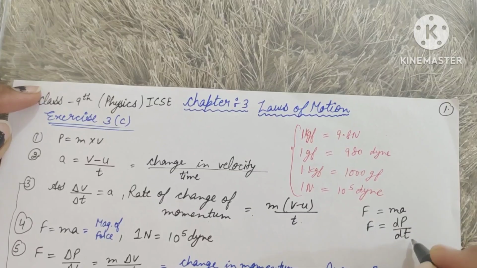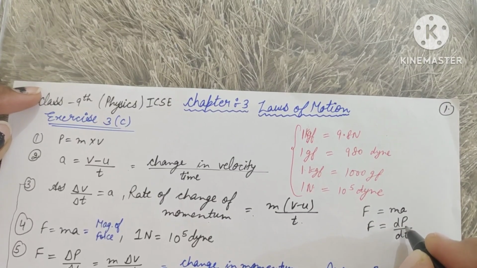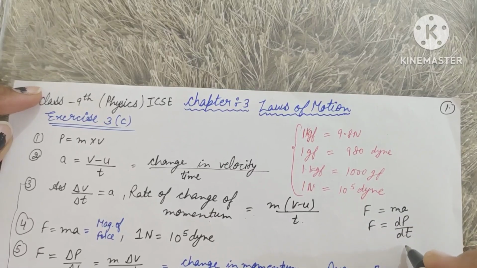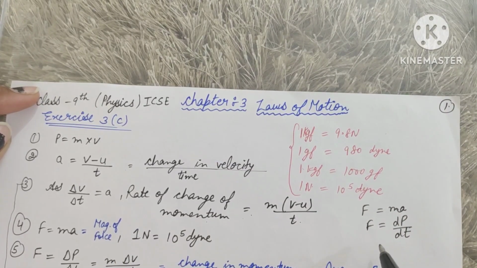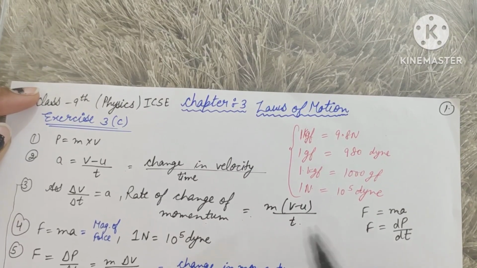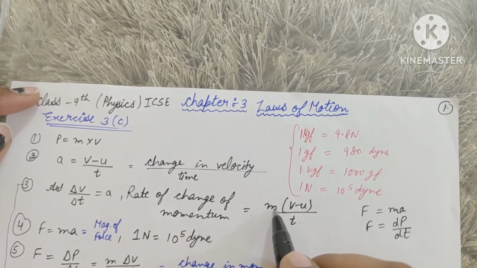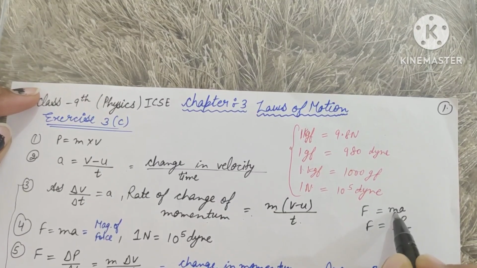What is dp by dt? This is the slight change in the momentum, that is the rate of change of momentum. Rate we are using for the thing which is changing with respect to time. So that's why we are writing here m is the same as it is, and the rate of change of momentum is equal to ma.